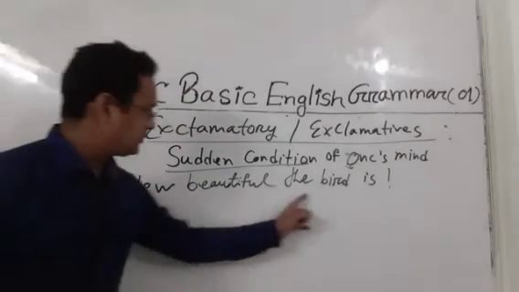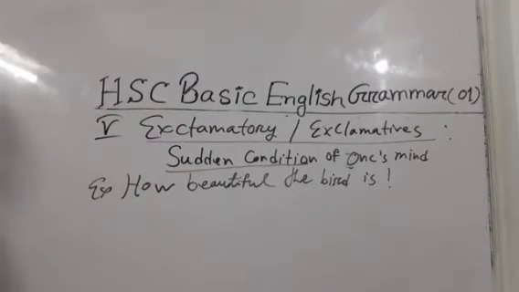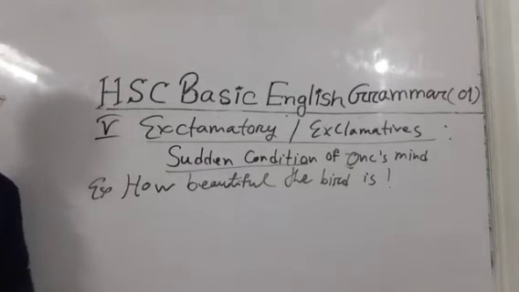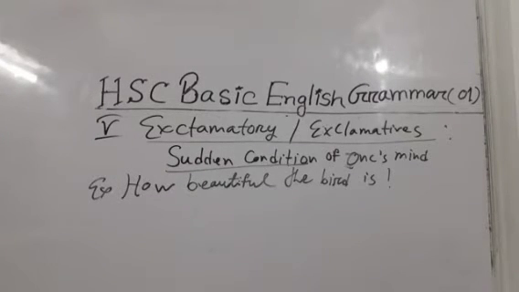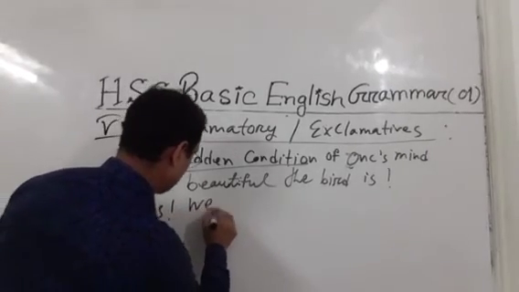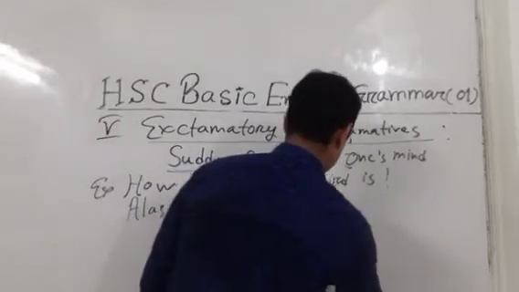Here, how beautiful the bird is. Here he said that the bird is very beautiful. So it shows the sudden condition of one's mind. And another, okay, alas, we have lost the game.